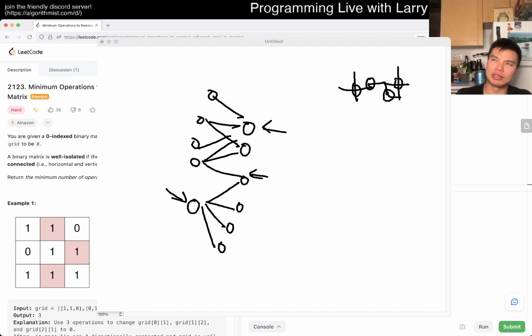I thought that the optimal solution would not require deleting adjacent ones, but clearly that is the solution, or at least one of the solutions. So now I have to rethink, and that invalidates the chessboard or checkerboard idea.